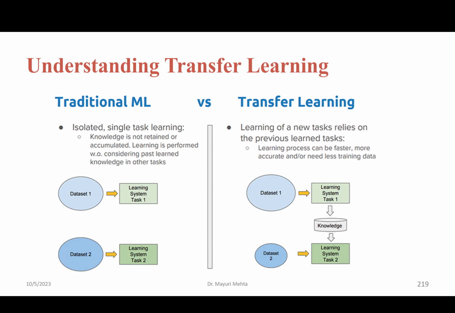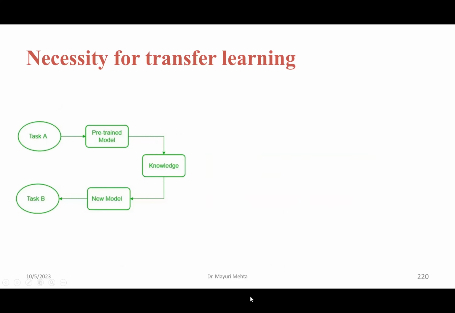Later layers will be useful to separate sunglasses from other objects. So in transfer learning, we try to transfer as much knowledge as possible from the previous task to the new task. Okay. Now let us move to the next slide.